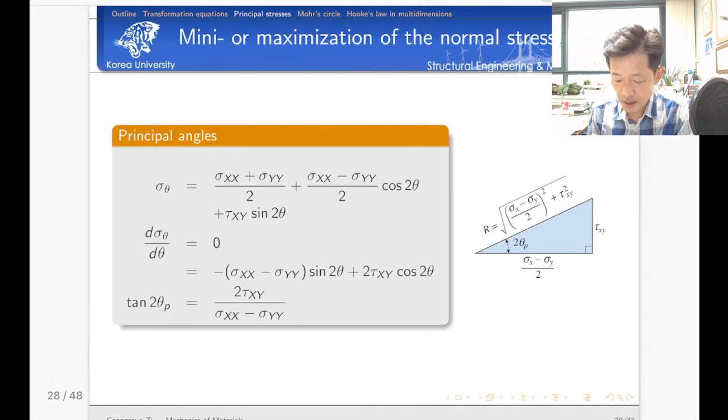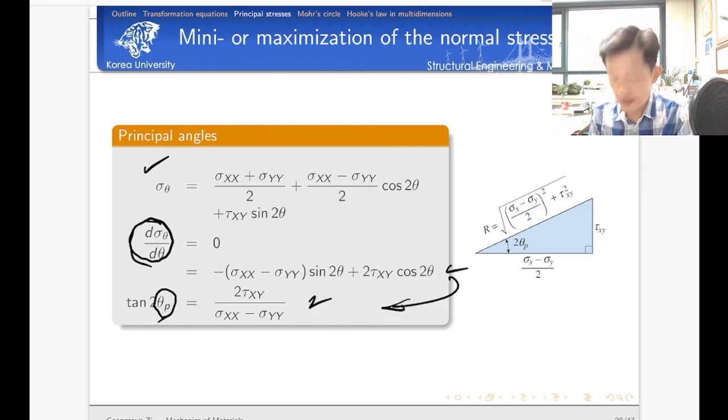We have this expression of normal stress from the stress transformation formula, and we take the derivative with respect to the observation direction and set it equal to 0. Using this equation we can obtain the principal directions, and the information of the principal directions is given by the tangent from this equation.